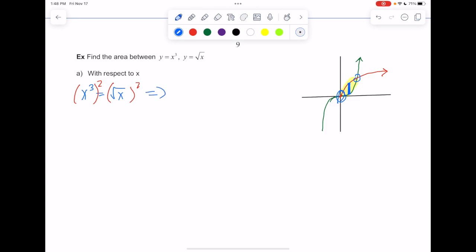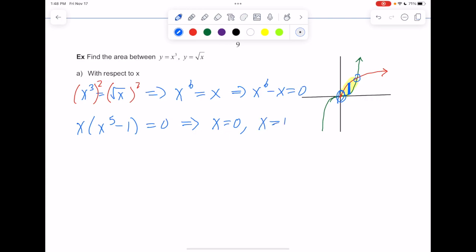And if you do that, you get x to the 6th equals x. You can subtract x from both sides, so x to the 6th minus x equals 0. You can factor out an x, and that produces two different solutions, either x equals 0 or x equals 1.